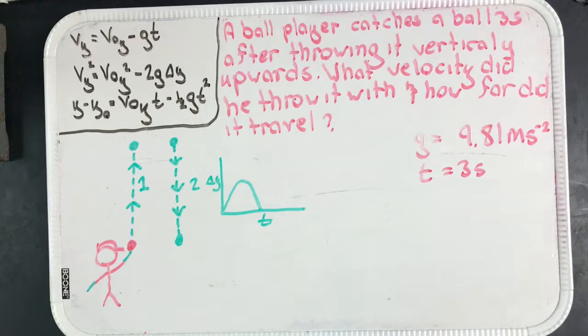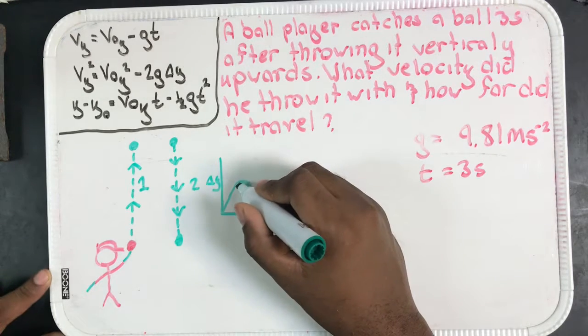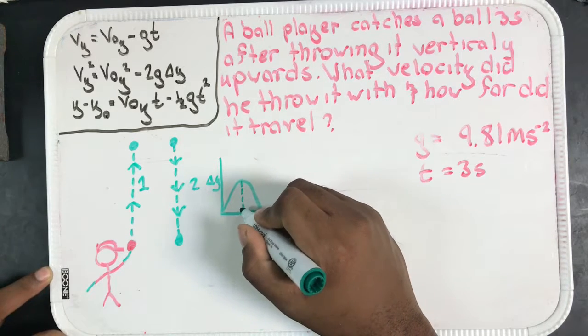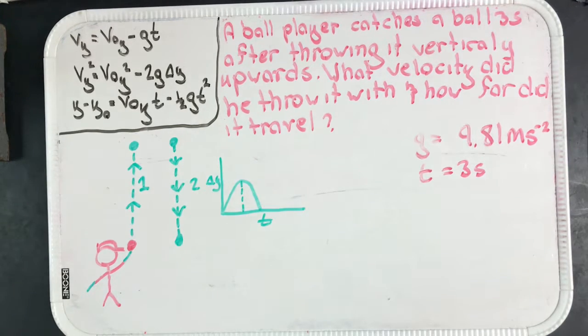However, there's something else about this motion. The motion is symmetric about this line, because this ball is traveling upwards, and in order for it to come down, it has to change directions.